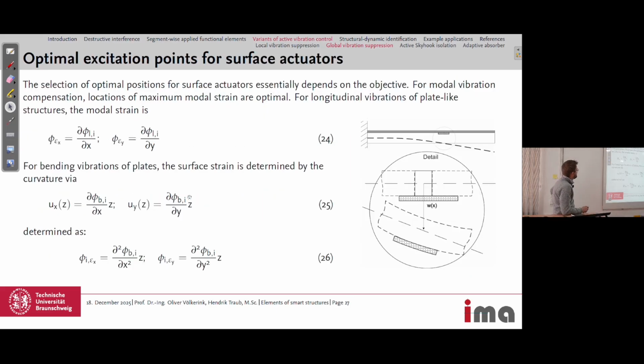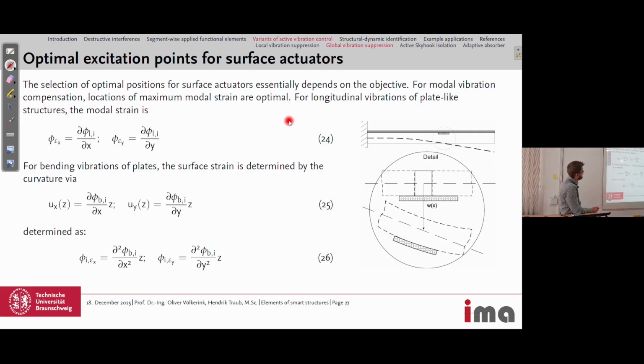And therefore, we can have a look at the optimal excitation points for the surface actuators. This would be defined by the position where the maximum modal strain is occurring.